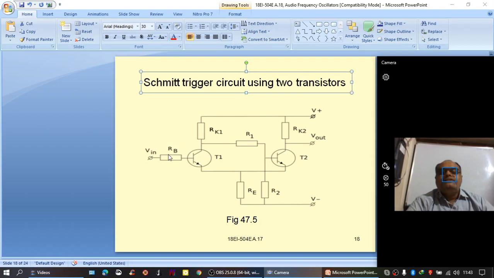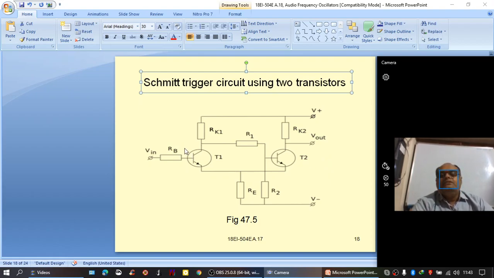Next, when the voltage here gradually starts decreasing in the second quarter of the positive half cycle, up to a certain voltage level, there won't be any change in the output.